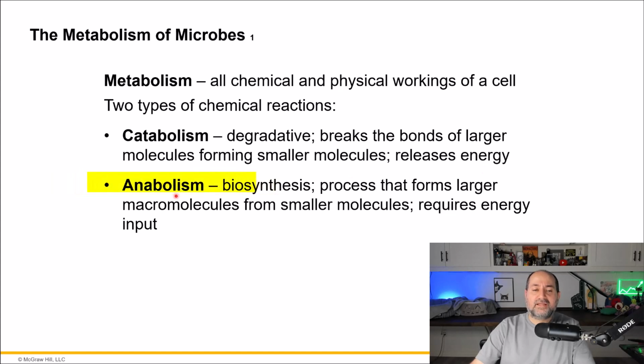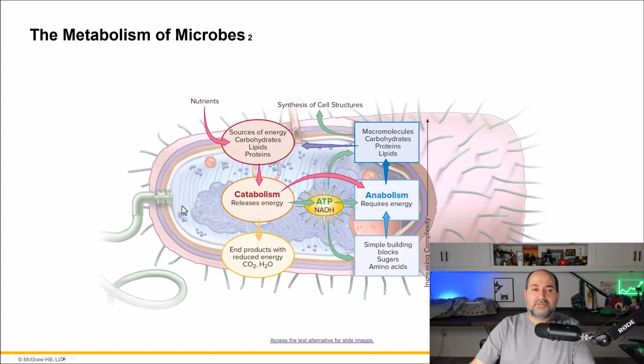Anabolism, on the other hand, involves biosynthesis, the process that forms larger macromolecules from smaller molecules. So here we're building, right? Anabolism involves building. And when you build, this requires energy input. And the two go hand in hand, right?